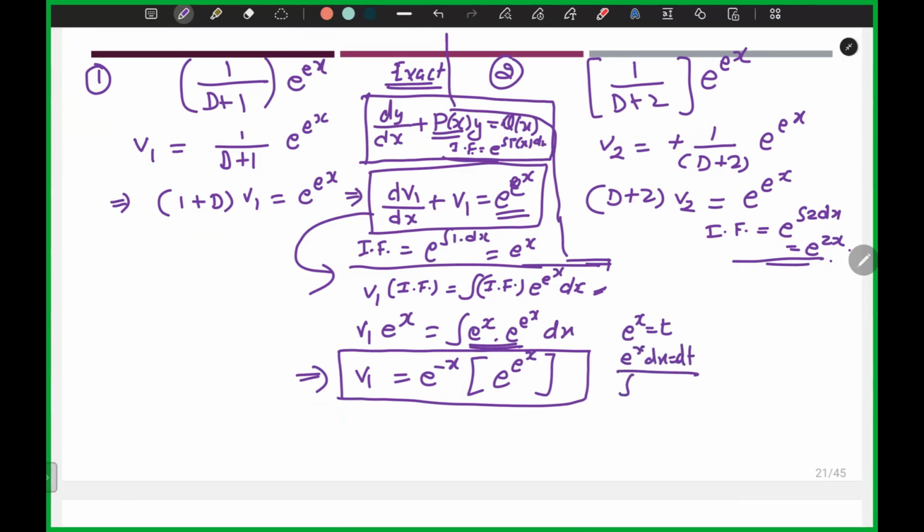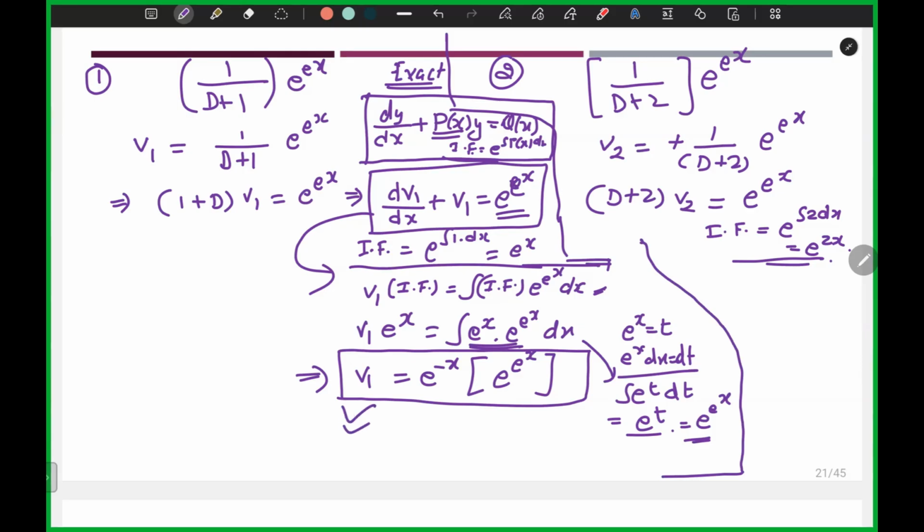So it is the integral of t e to the power t dt, which reduces to the integral of e to the power t dt. The integral of this is e to the power t, and t is e to the power x, so it is e to the power x. Till now this is clear.